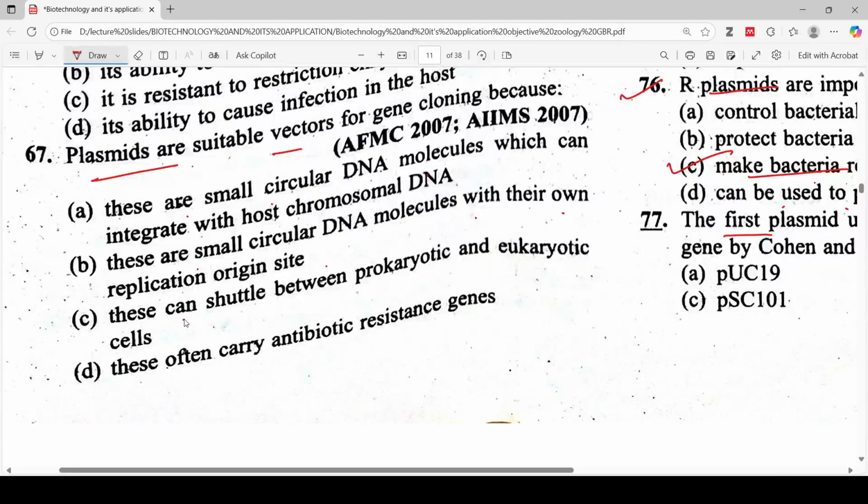And option C, these can settle between prokaryotic and eukaryotic cells, and these often carry antibiotic resistance genes. So the correct answer will be option B.